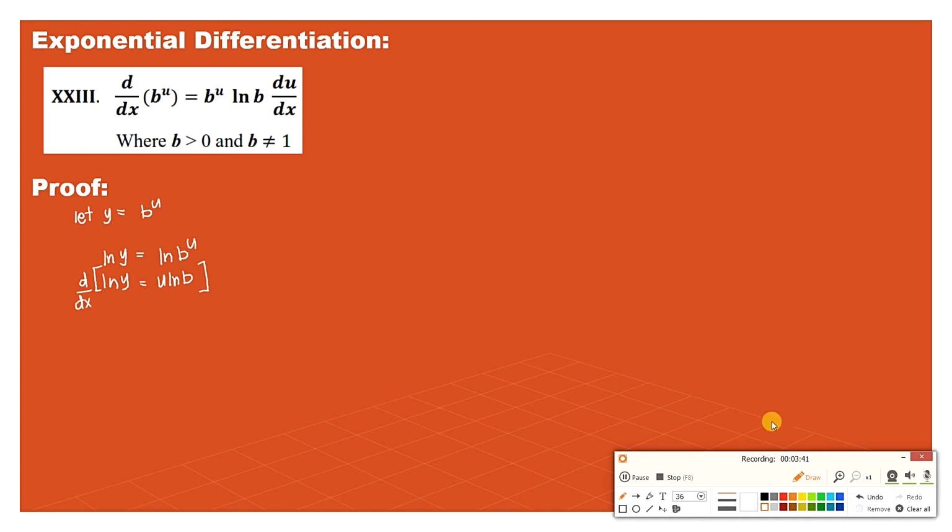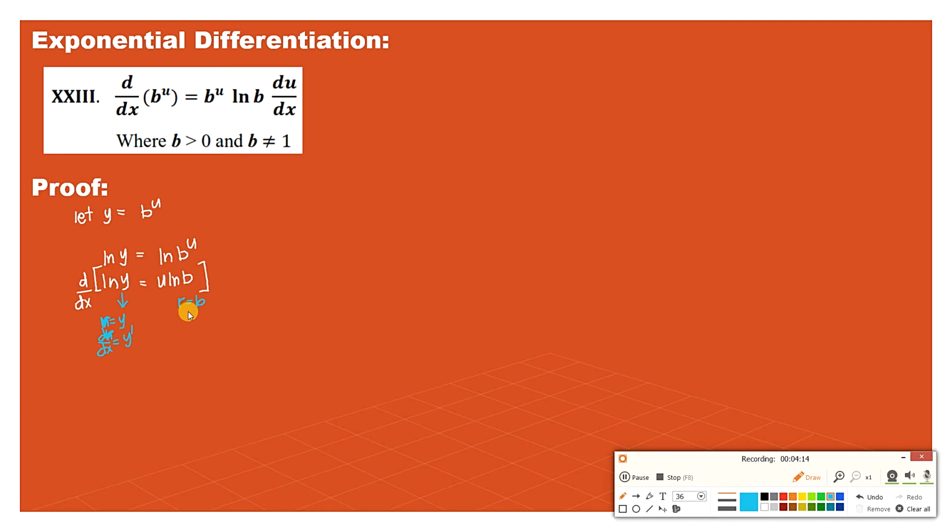Diba? Kung dito sa part na to, babalik lang ulit tayo katulad last time, ang let u natin ay si y, ang du over dx ay dy over dx or y prime. Okay, yung u pala, gawin ko na lang tong parang r na lang, r. Kaya dr over dx. Dito ang r ko naman ay si b.